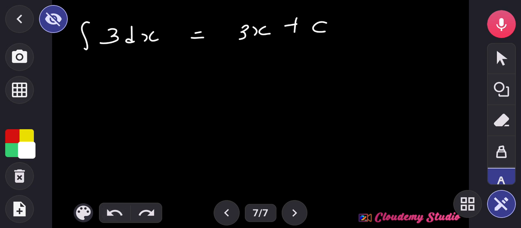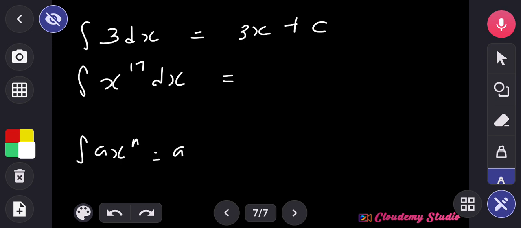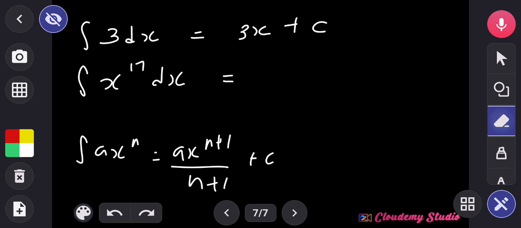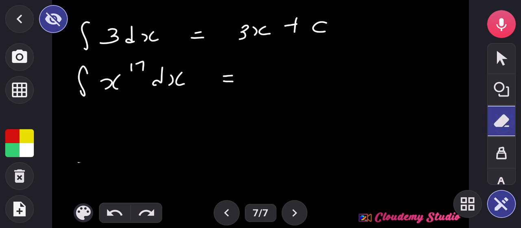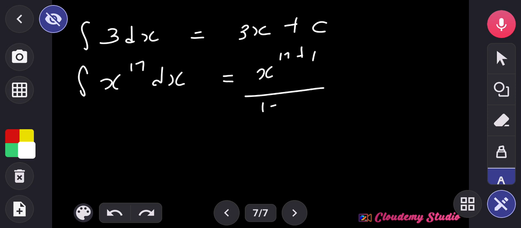Also, if they say you should integrate x raised to power 17 dx, what will be our answer? Remember that the integral of ax raised to power n equals ax raised to power n plus 1 divided by n plus 1, plus c. Which means in this case, the integral of x raised to power 17 will give us x raised to power 17 plus 1 divided by 17 plus 1, plus c.